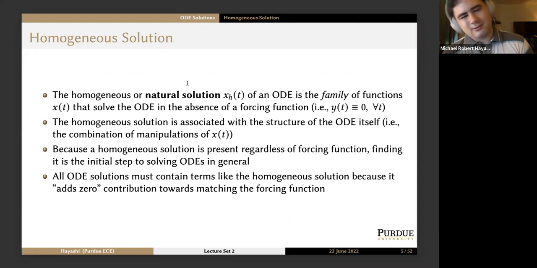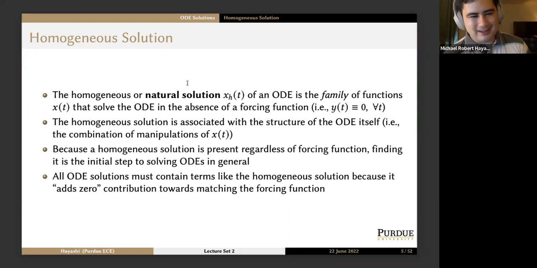To the right-hand side, we're adding all of our families of functions. And on the left-hand side, we're adding 0. Because adding 0 doesn't change the left-hand side, we know that the homogeneous solution must always appear.